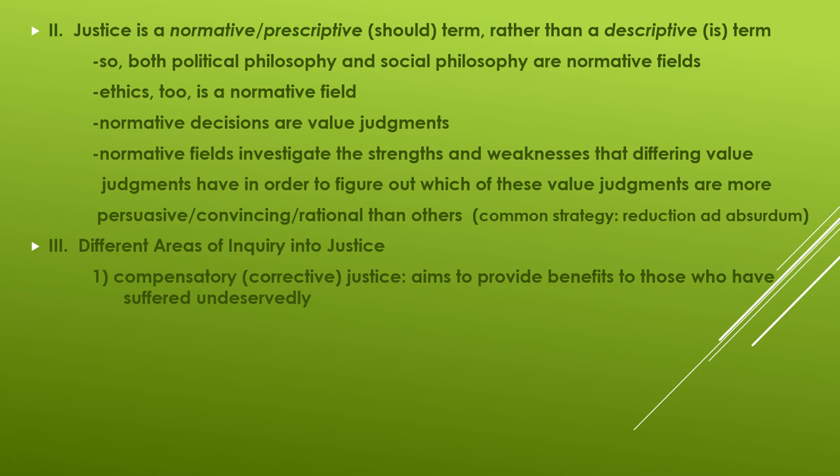So, returning, we can talk perfectly well about something like compensatory justice. An example of compensatory justice would be a program like the Affirmative Action Program, which says that there are certain groups who have been unfairly excluded from institutions of higher education, for example, and as a result, we are going to provide them with extra assistance because they have suffered undeservedly through no fault of their own in the past.